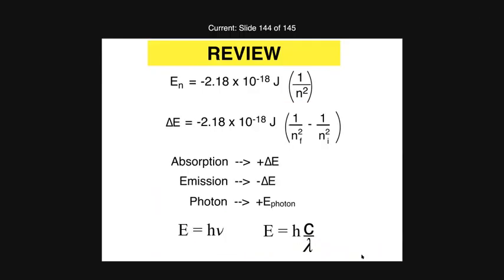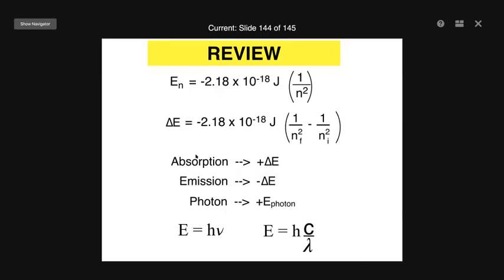You also learned how to calculate the energy difference between each transition of the electron by looking at this equation here, or you can find a specific energy level by using this equation. Once you know the transition energy of the electron, if it comes out positive, it would be absorption; if it's negative, it would be emission. But the energy of a photon always has to be positive.